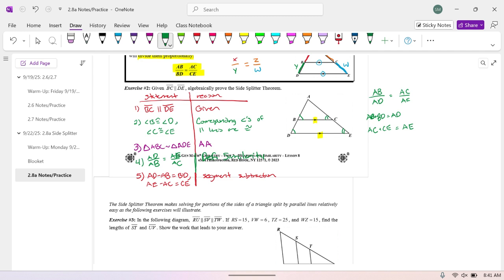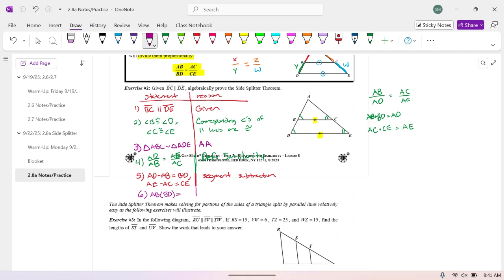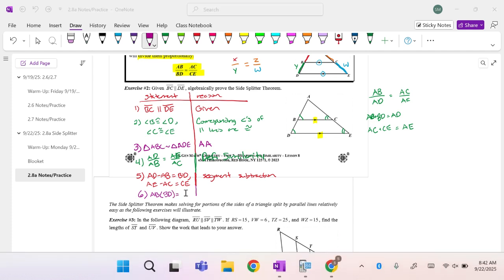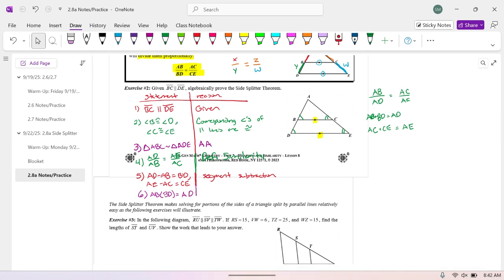So we can also say that if we do AB times BD, that should give us AD.